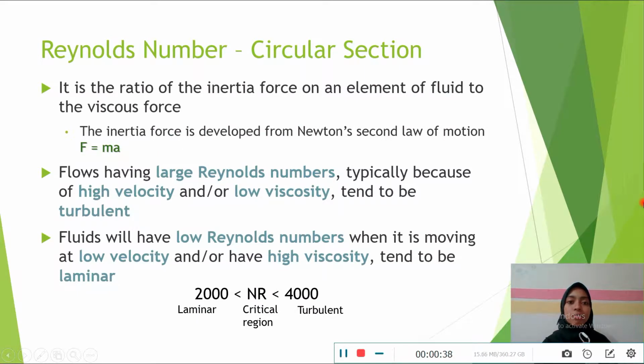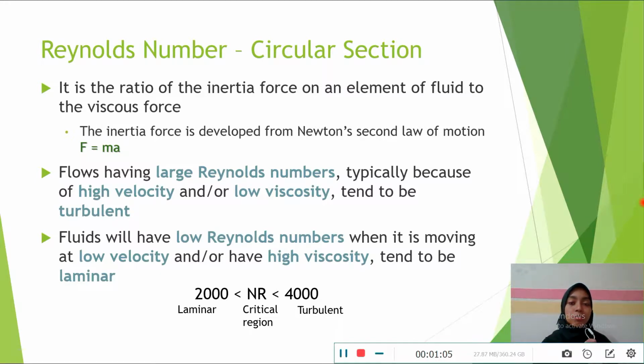Next is the Reynolds number in circular section, which is the pipe. It is the ratio of the inertial force on an element of fluid, which is water, to the viscous force. The inertial force is developed from Newton's second law of motion, which is F equals ma, where m is the mass and a is the acceleration. Flows having a large Reynolds number, typically because of high velocity and/or low viscosity, tend to be turbulent.